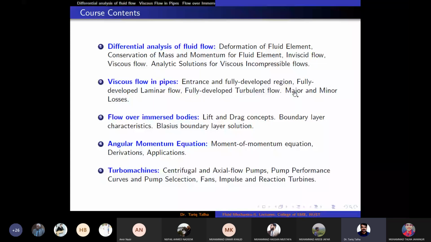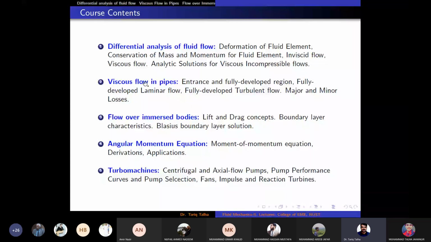Major losses are due to friction, and minor losses are due to different components installed in the piping, like a valve, a T, or any sudden expansion or sudden contraction. Those come under minor losses, which are due to the components installed in the piping system. This is chapter number 8, the viscous flow in pipes.